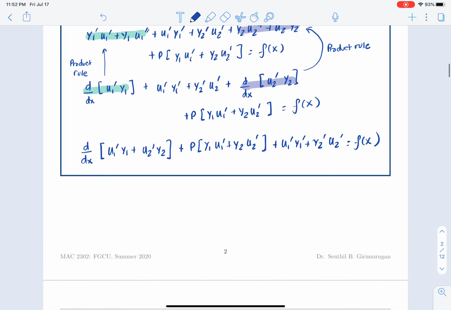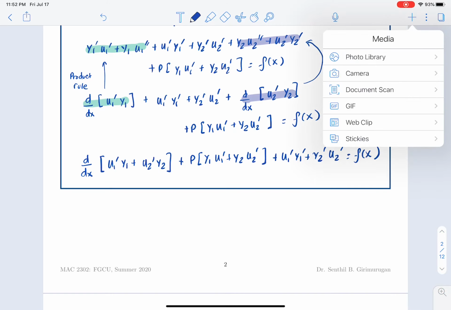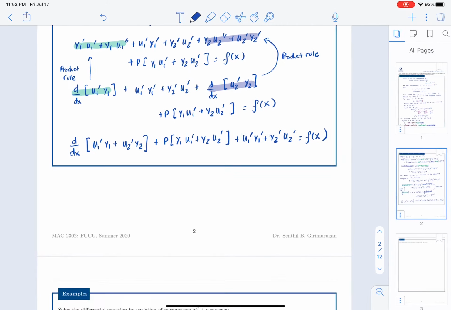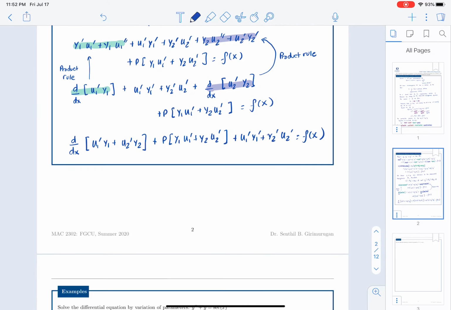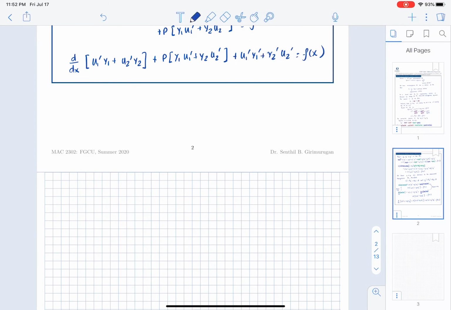Now we have to make a few assumptions here in order to get a solution. So what I'm going to do, I am going to assume u1 prime y1 plus u2 prime y2 equals 0.